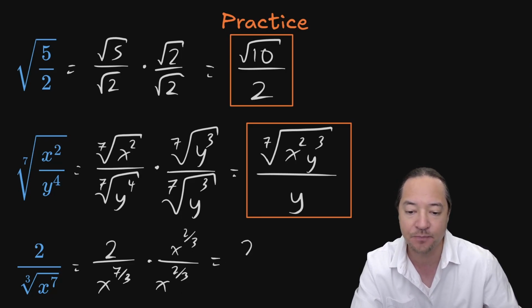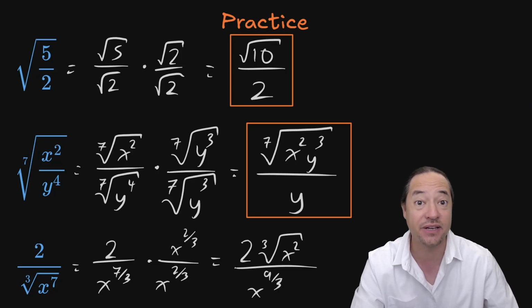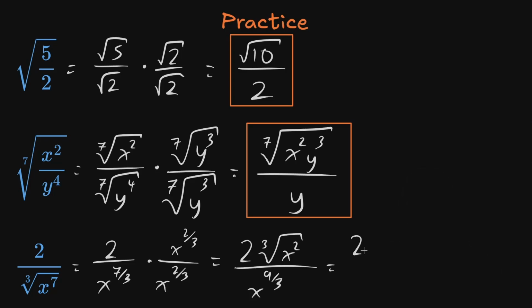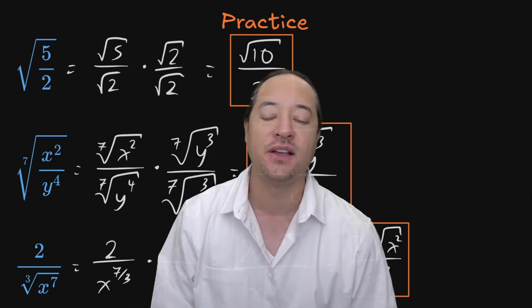I'm going to get then 2 times, well, I can think of this as the cubed root of x squared over x to the 9 over 3rd power, right? So 9/3 here, and that's the same then as 2 times the cubed root of x squared over x cubed. And that then will be my final answer for this. Can't simplify that any further.